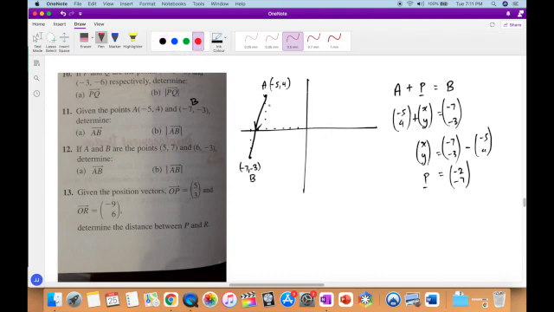Another way to work it out is I have a sketch here. I could just literally look at the graph. I say, well, this is -5, so how many horizontal spaces do I go? Well, this is -5, this is -7. So that means that I'm moving -1, -2 horizontal spaces.